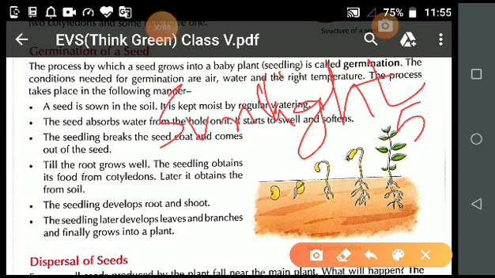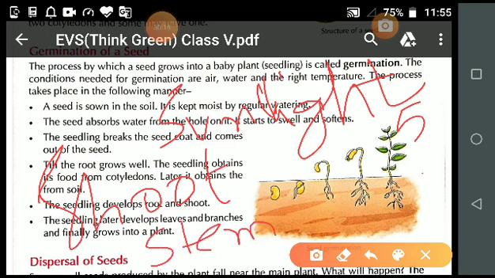Other parts of the plant starting to develop means the shoot system, and the important part of the shoot system is the stem, because the stem bears leaves, branches, fruit, flowers, birds. All these parts are attached to the stem.